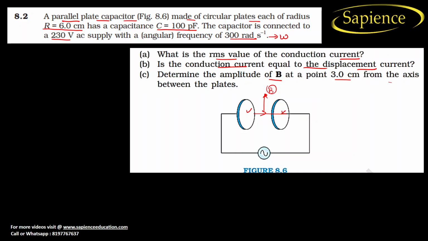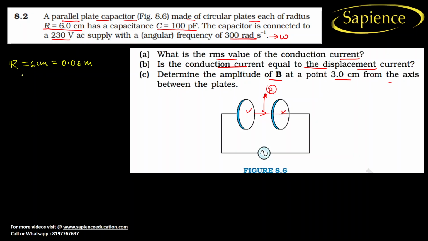Before you come to the problem, you need to write all the specific data that they have provided you, right? So first of all, they have provided us a radius that is equal to 6 centimeter, and this can also be written as 0.06 meter.